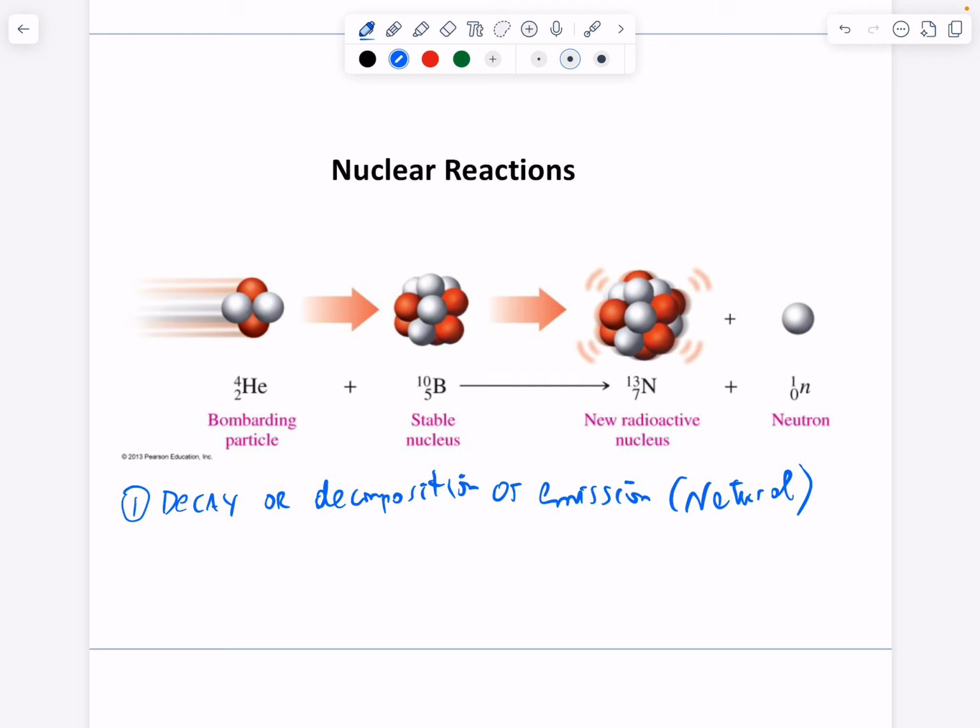The second type of reaction is man-made. That man-made reaction is when one element is stable, and it is called transmutation.